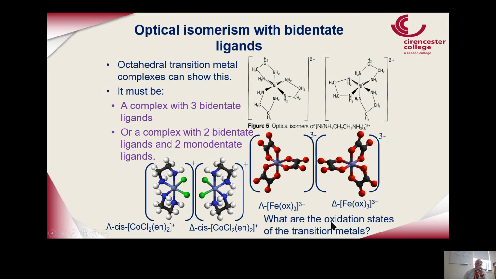Right. Oxidation states of the transition metals. Well, they can change. So here in this one we've got Ni2 plus. The overall ion is 2 plus. Nickel is plus 2, because this bidentate ligand doesn't have a charge, so it's not going to change that. So if that's written down as 2 plus, the nickel oxidation number must be plus 2.